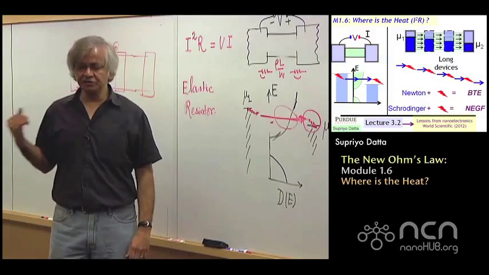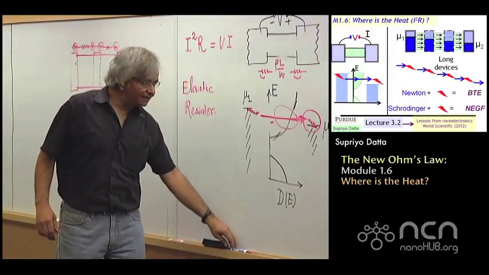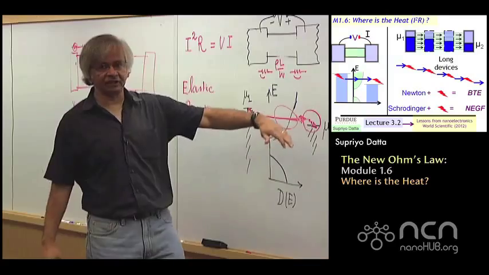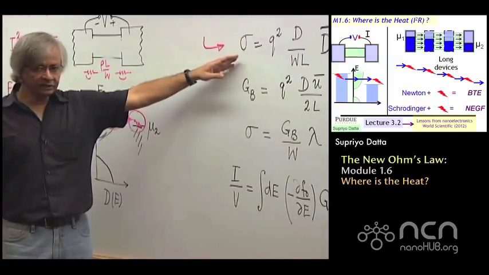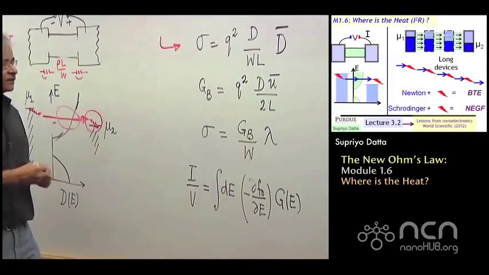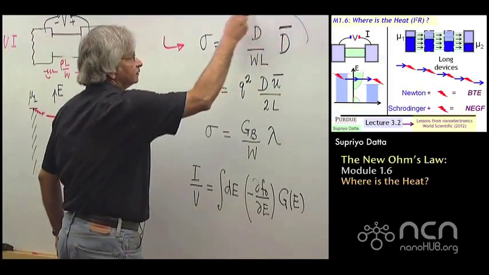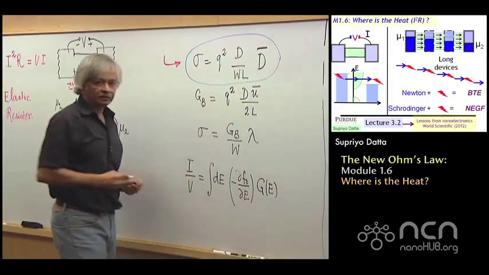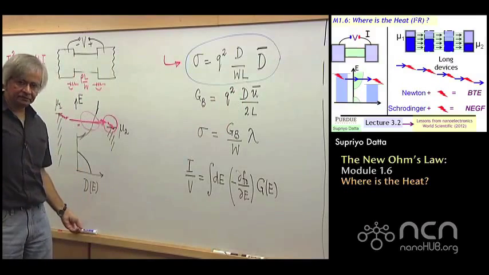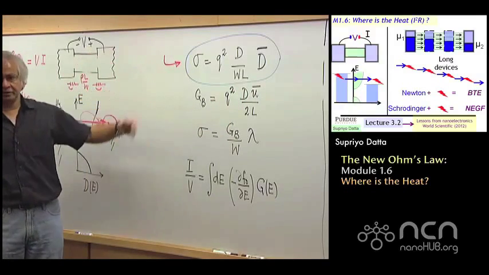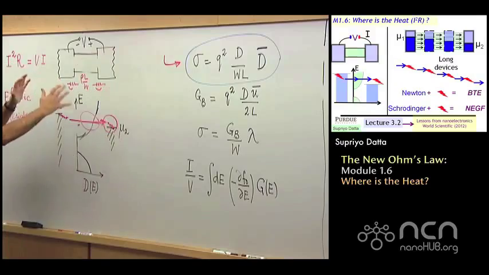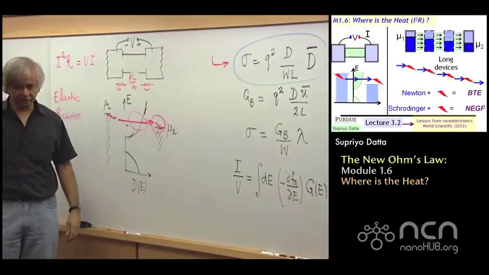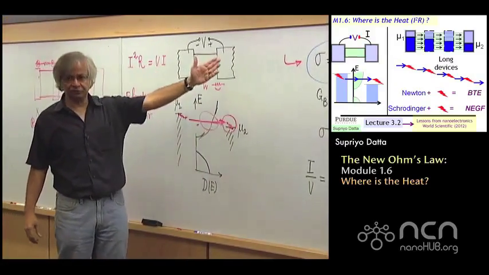That viewpoint gets you a lot of these standard results, like this result for the conductivity that I mentioned. This is, as I said, a standard result. But we can get it much faster, as we did this week, by thinking of a big conductor as lots of little ones in series.